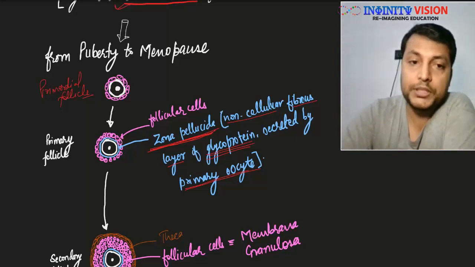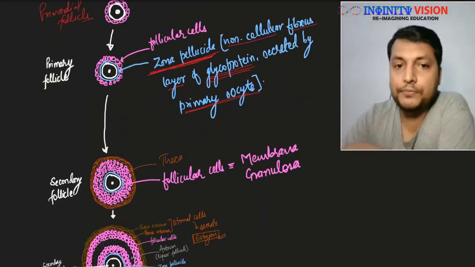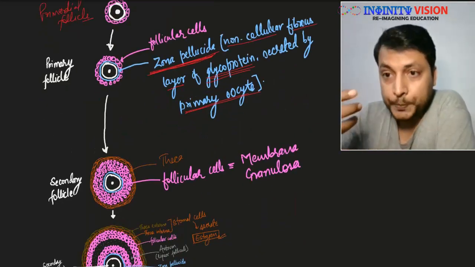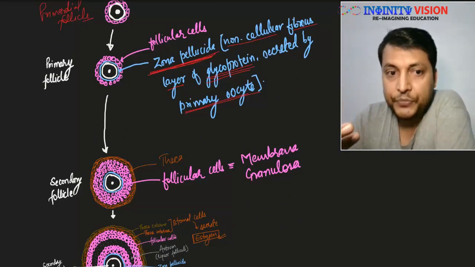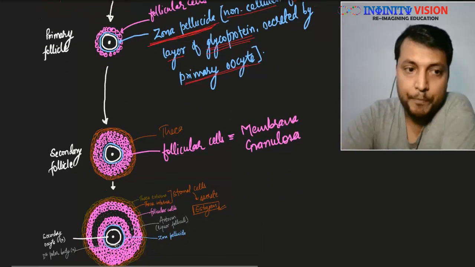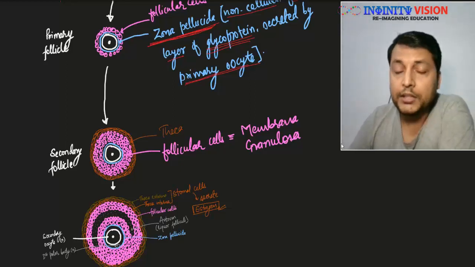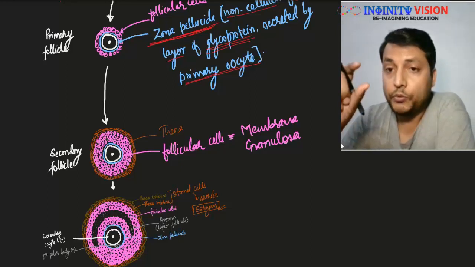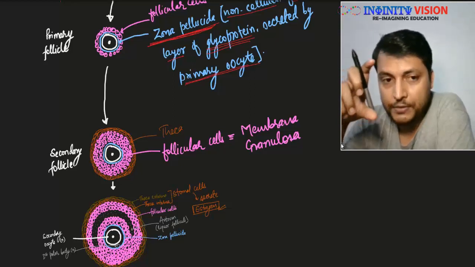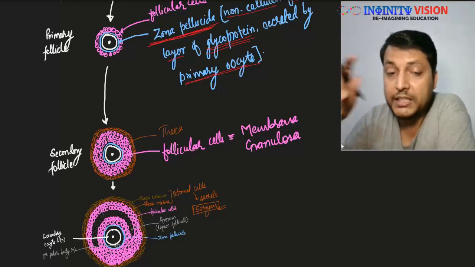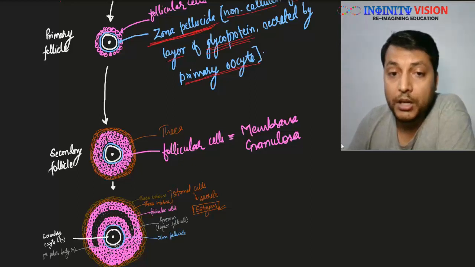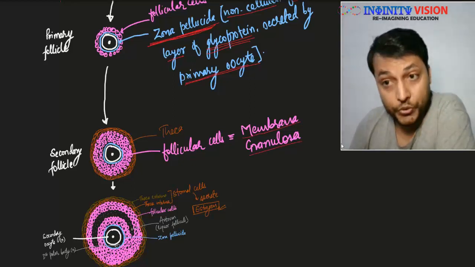Now what happens further, this primary follicle will grow in size as well as in structure. Let us see here. Now this will grow in size, the follicular layer will increase, so the number of layers of these follicular cells will increase, and they will form a thick membrane called membrana granulosa.